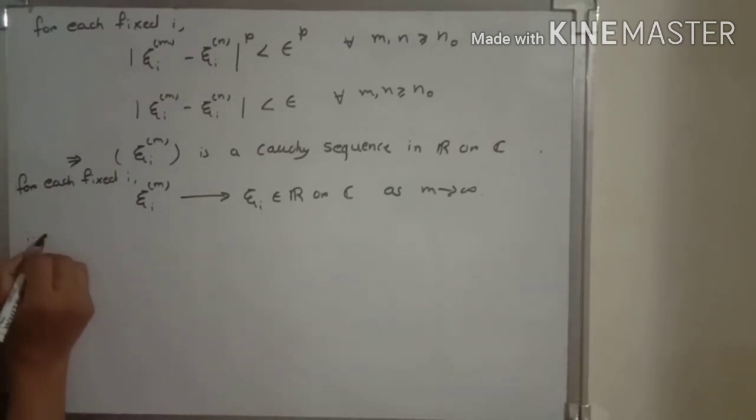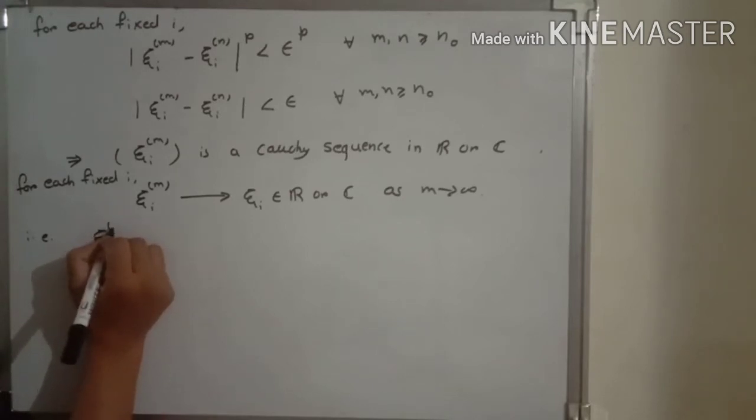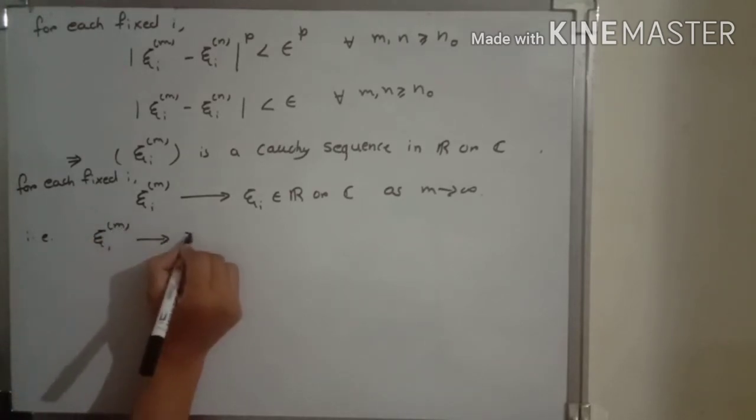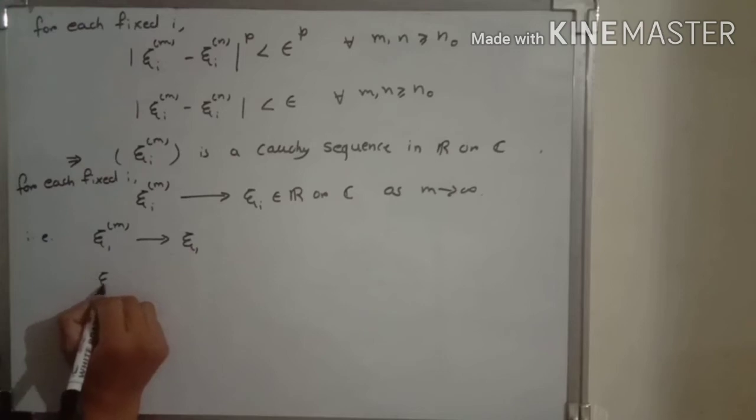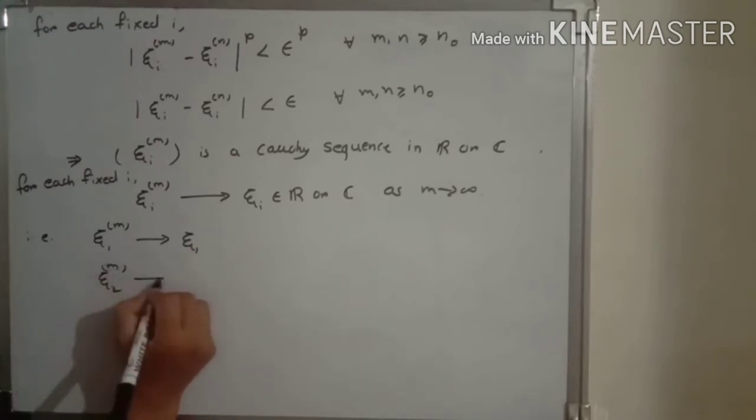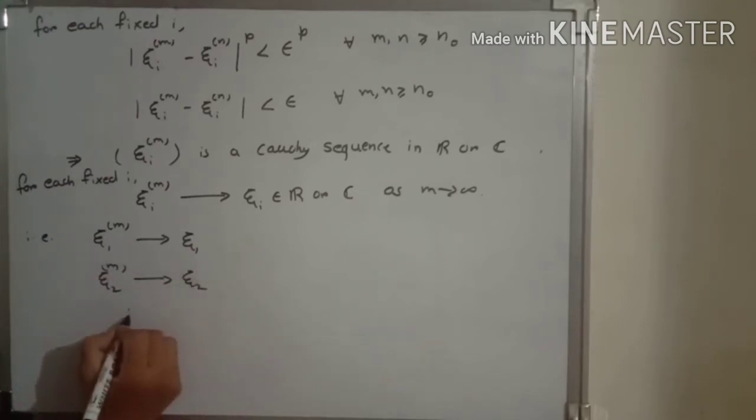That is, xi 1m converges to xi 1, xi 2m converges to xi 2, and so on.